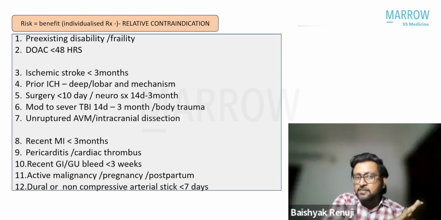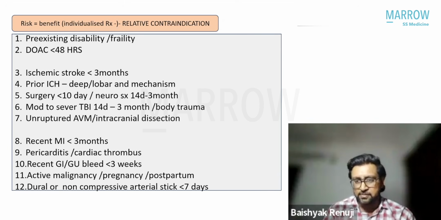But the present guidelines do not say anything about that. What they're telling is, if the mechanism is non-correctable, avoid it. If the mechanism is correctable, like coagulopathy, hypertension, or trauma, you can go ahead with lysis.